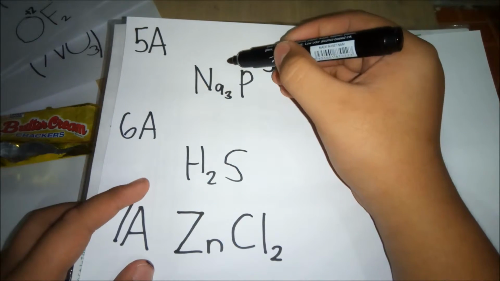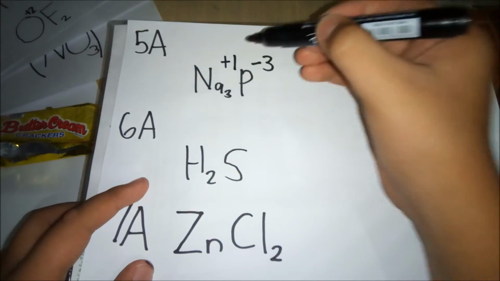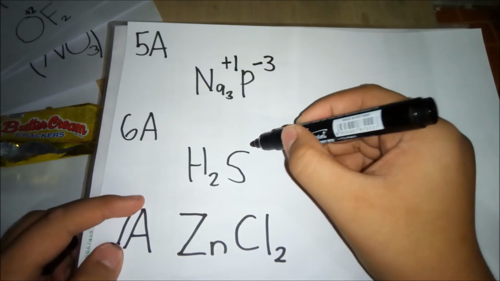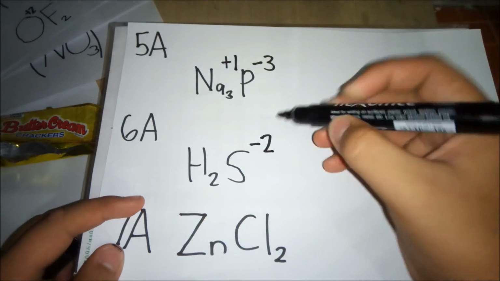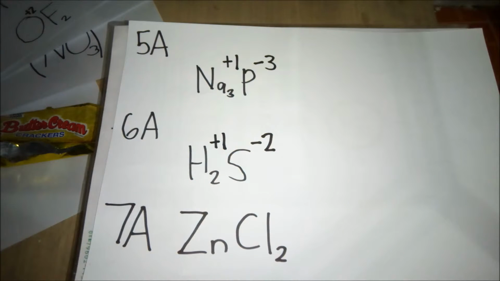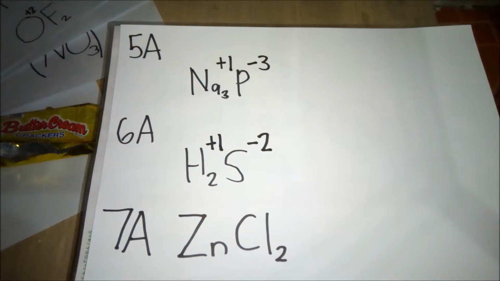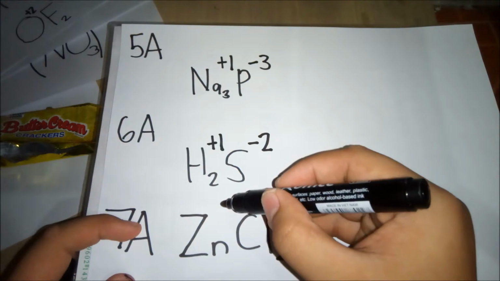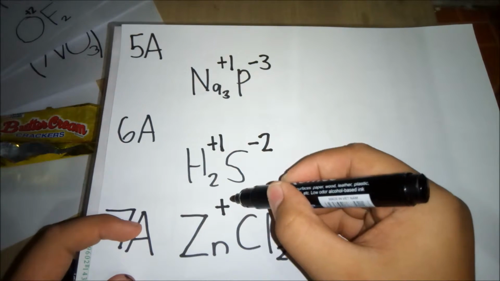Group 5A, 6A, and 7A elements have oxidation numbers of -3, -2, and -1 respectively in binary compounds with metals, with H, or with NH4+. If such conditions were not met, their oxidation states can be determined by referring to the general rules.